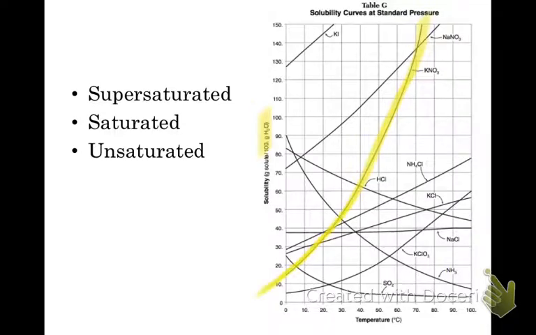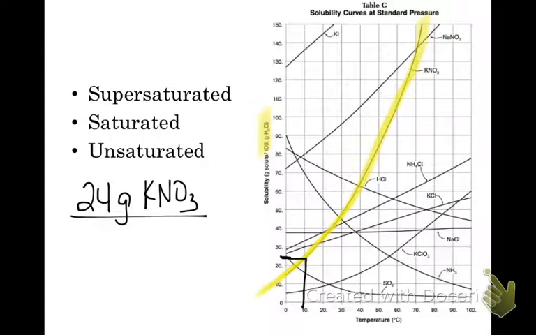They'll ask how much KNO3 can be dissolved in 50 grams of water. So here I'm at 10 degrees Celsius. So here I'm going to find 10 degrees Celsius and there. So that's about 24 grams of KNO3 per 100 grams of water.